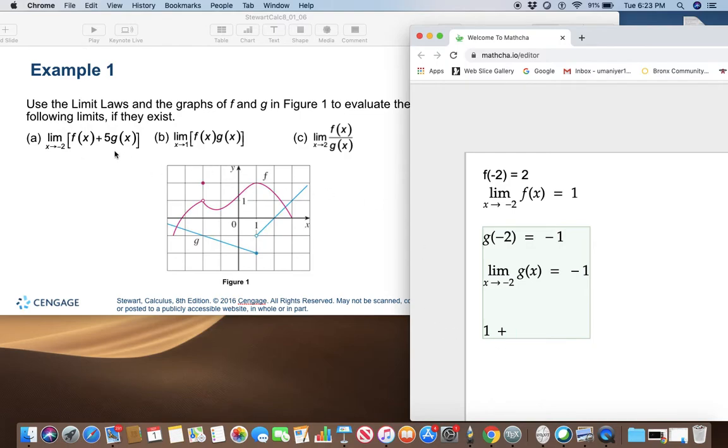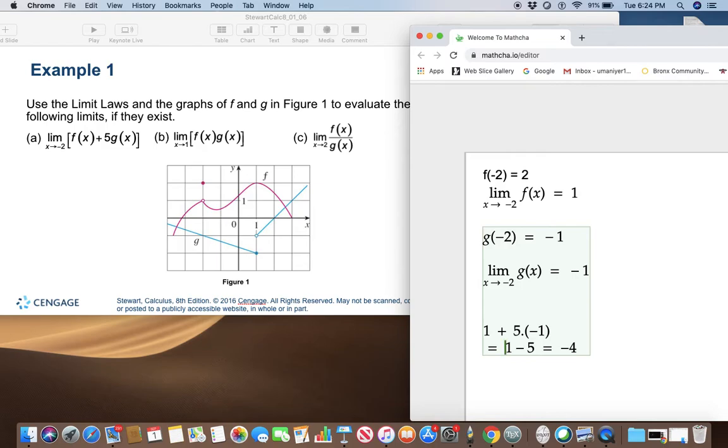And then for the second piece, 5 is a constant, so it's just going to be multiplied by whatever the limit is of g. All of this is happening toward -2. So that's a -1. The limit of g(x) as x approaches -2 is -1. So this is going to be 1 minus 5, that is -4.